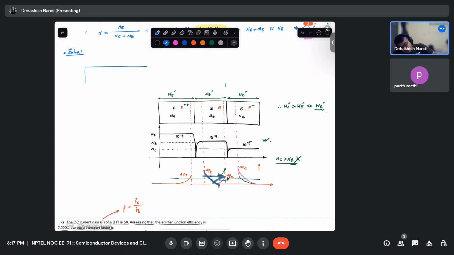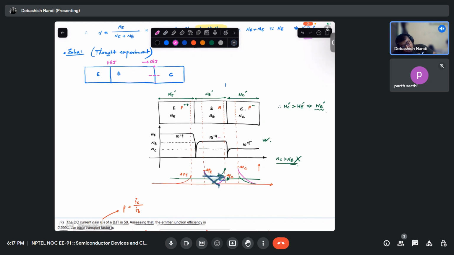Assume this is your emitter base junction, and you assume your collector base junction to be far away from EBJ.